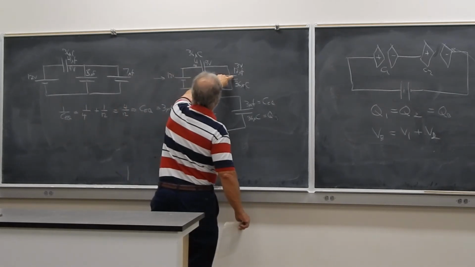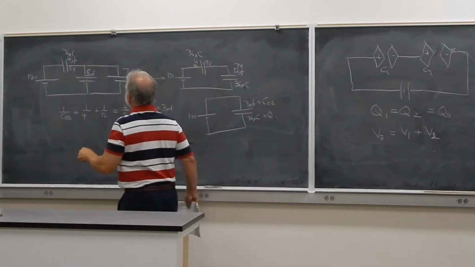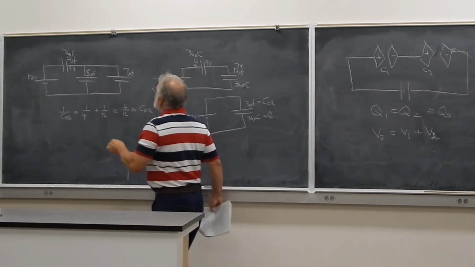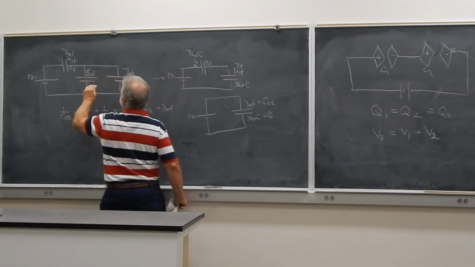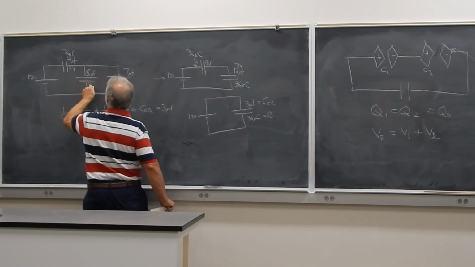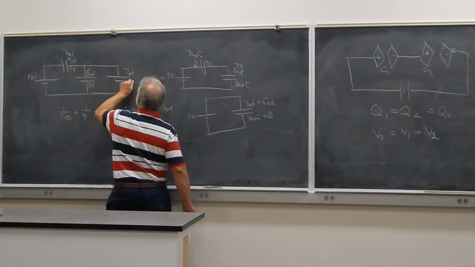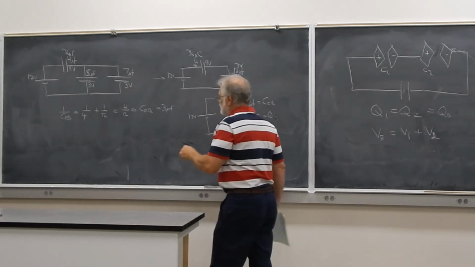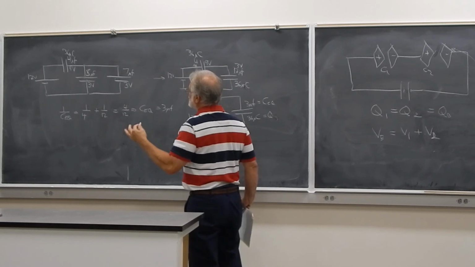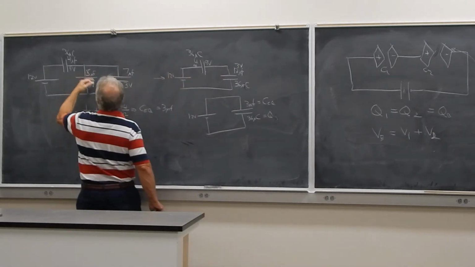This equivalent capacitance here, this 12 microfarad capacitor, is actually a parallel combination of the 5 and the 7. Since the capacitors are in parallel, both of them have the same voltage across them, so each of them has 3 volts. And by the equation for capacitance and charge, if I multiply the capacitance by the voltage, I'll get the charge.